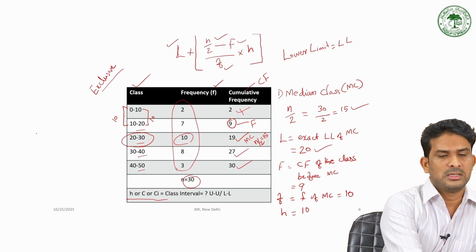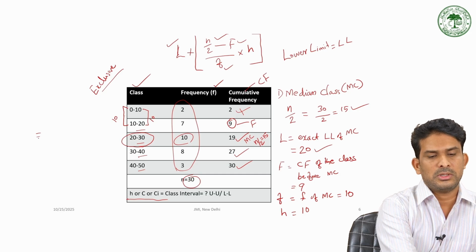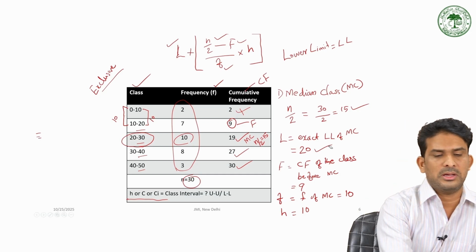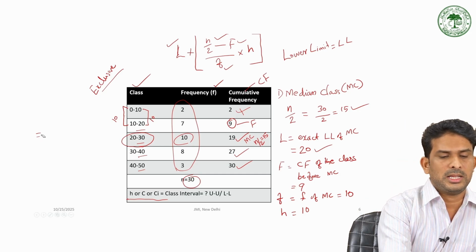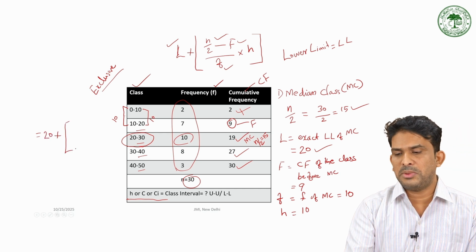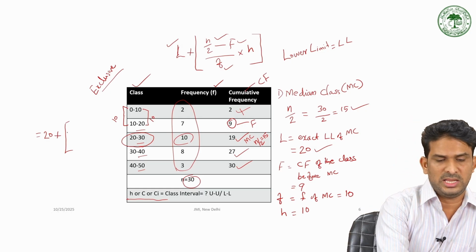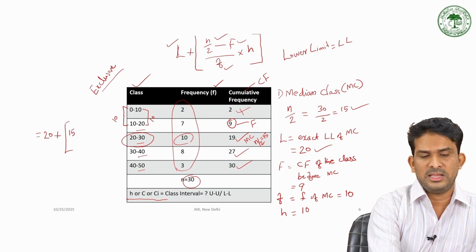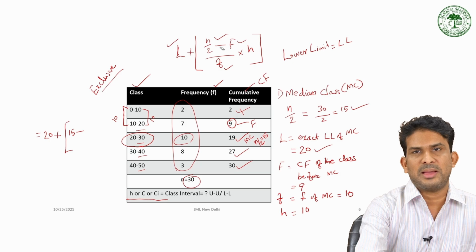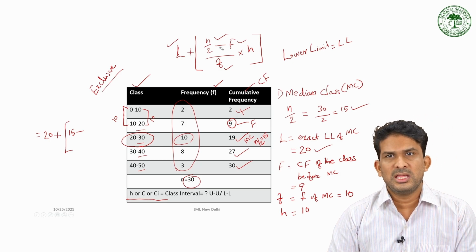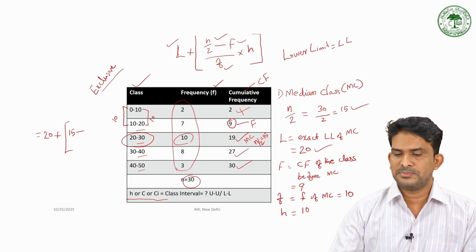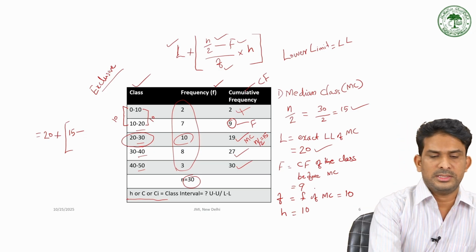Median equals L plus, and L here is 20. Then within the bracket, N by 2, which is 15, minus capital F, the cumulative frequency just before the median class, which is 9.